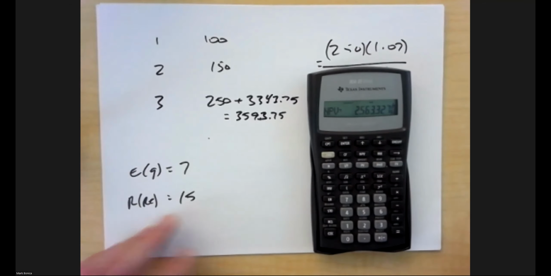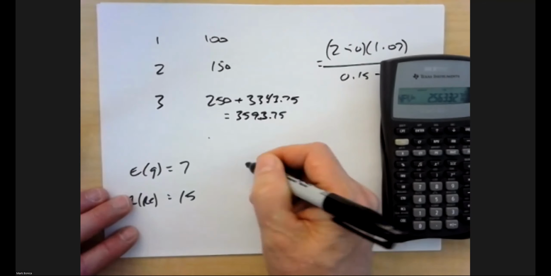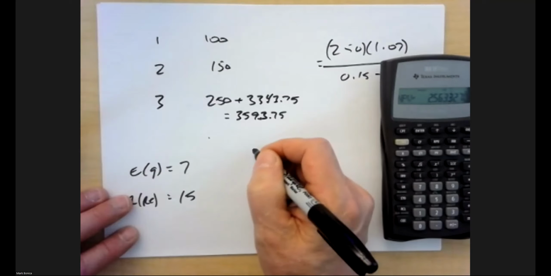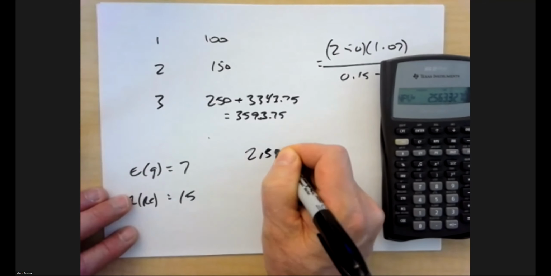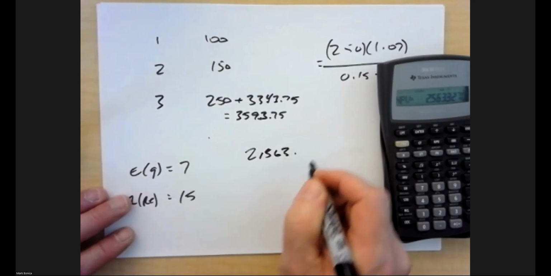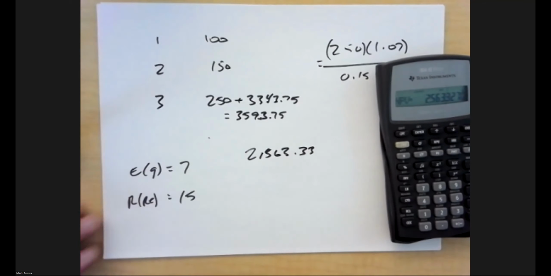Scroll down to NPV, compute, we get 2563. So the value today would be 2563 and some change. So how much would you be willing to pay for this business? You'd be willing to pay $2,563.33.